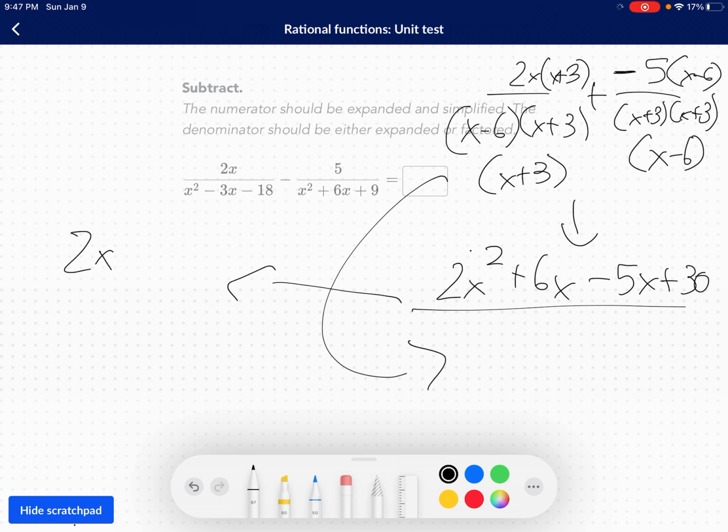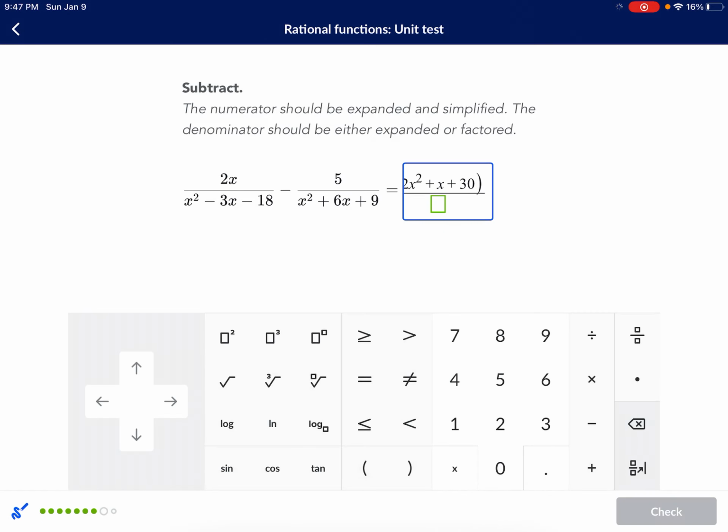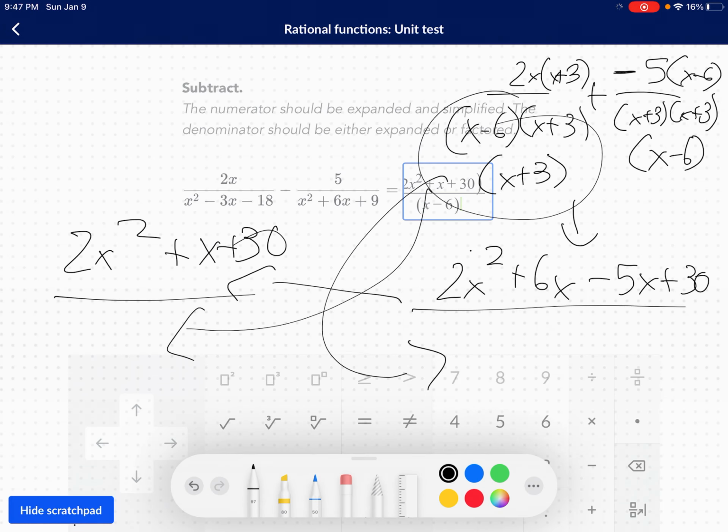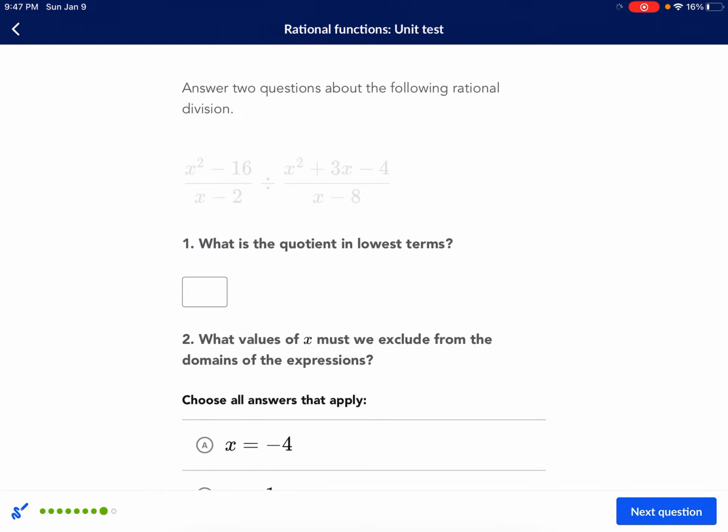When you combine like terms, it's 2x squared plus x plus 30 over all this gibberish, x minus 6, x plus 3, and I could just put the squared because it's two x plus 3's.